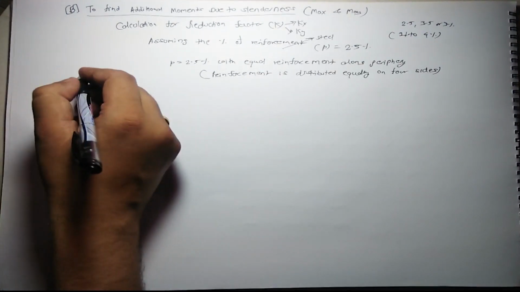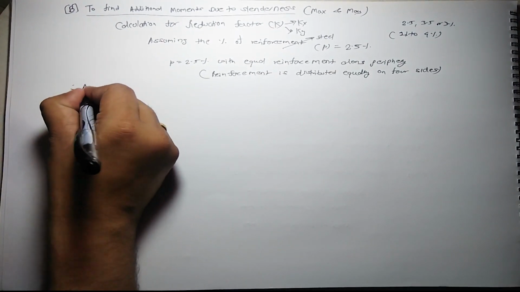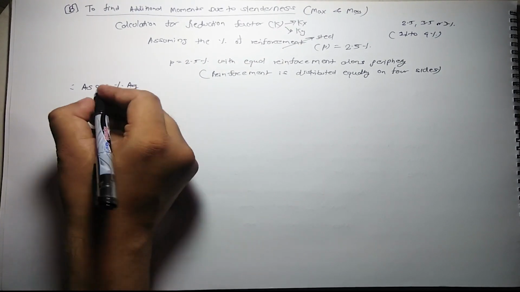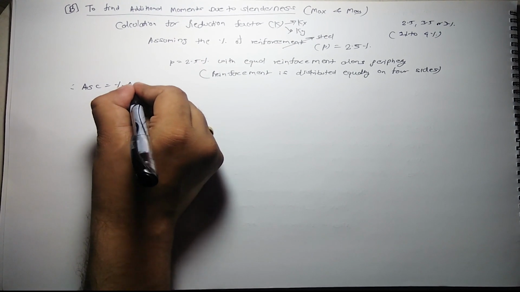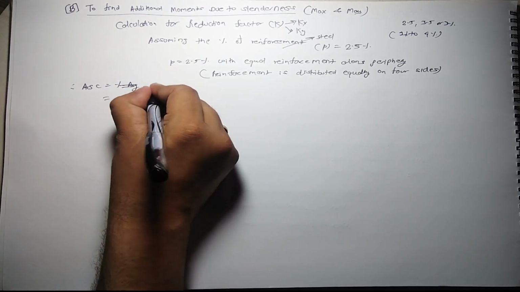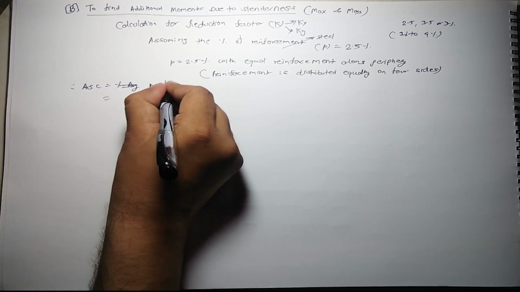So now we'll have the steps. Asc equals percentage of Ag. I must write it like this: percentage of reinforcement of Ag.